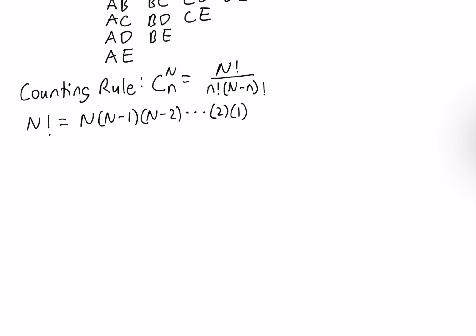So for example, suppose n is equal to 3. 3 factorial is going to be equal to 3 times 2 times 1, which is going to be equal to 6. And there's also a rule, if you ever want to compute 0 factorial, it's always equal to 1.